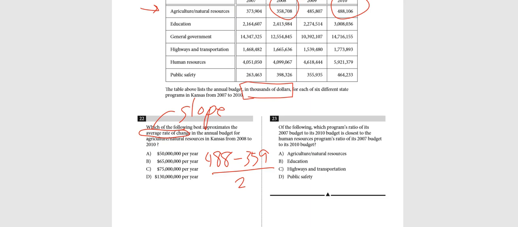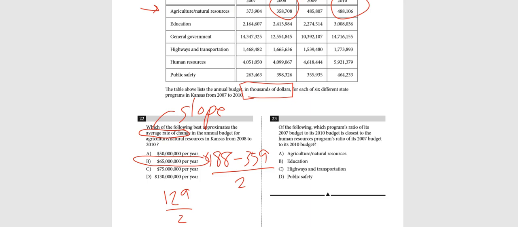So what do we get when we take 488 minus 359? 129, and 129 divided by 2? Hopefully you're seeing 64 and a half, which is going to land you right there at that 65 million per year mark.